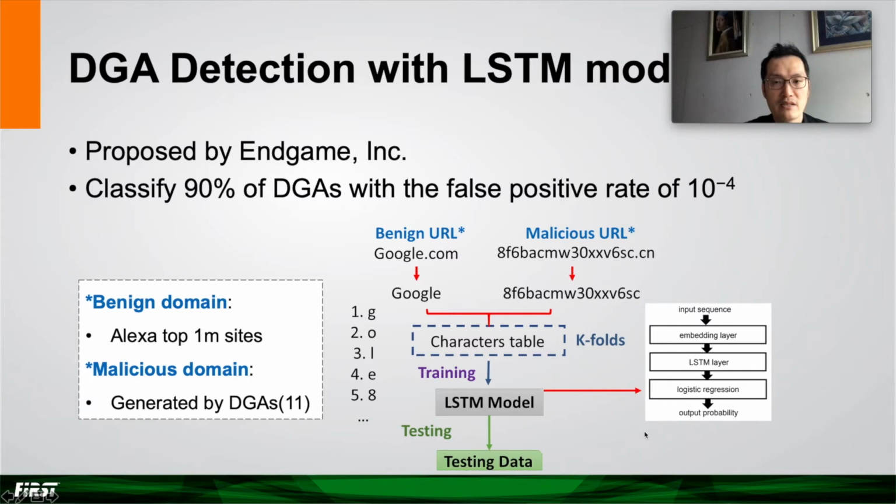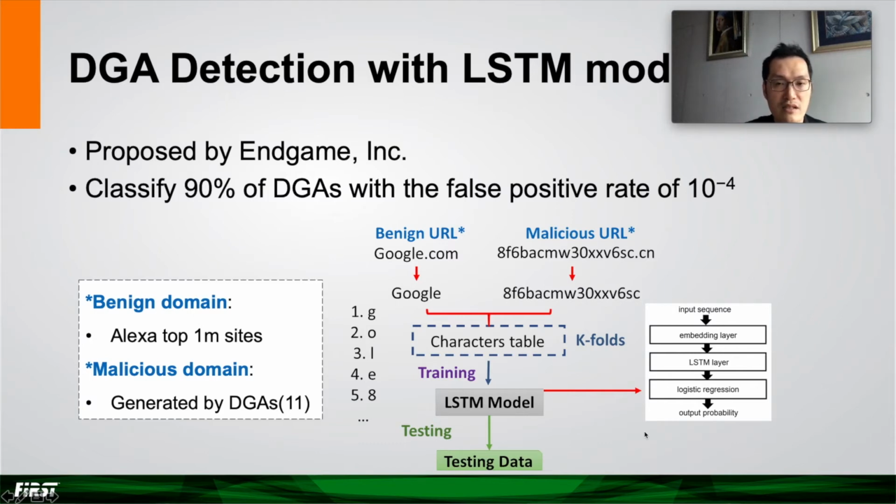The subdomain is transferred to a character table. In order to train the model, the Alexa top 100 million are used as the benign domains, and the malicious domains are gathered from known malware families.